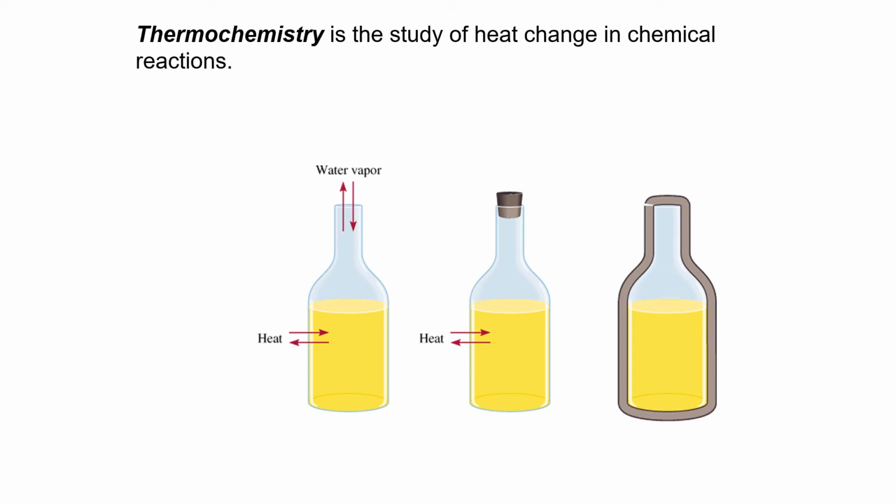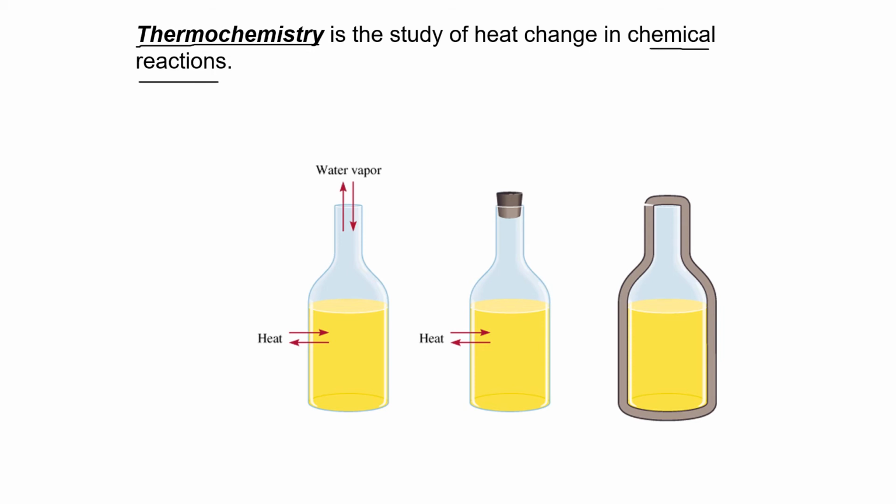So let's look at the different types of systems. Before we move on, let's also look at the term thermochemistry. This is the study of heat change in chemical reactions.